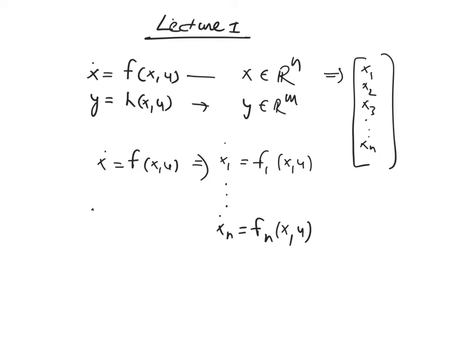You need to identify your inputs: u is your input, x is your states, and y is your output. Once you identify these, you get the x dot and y models.